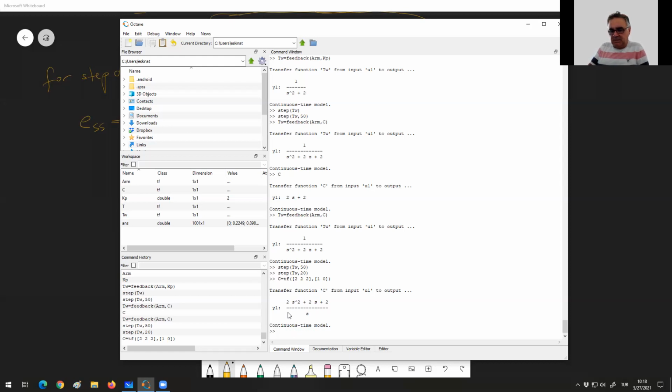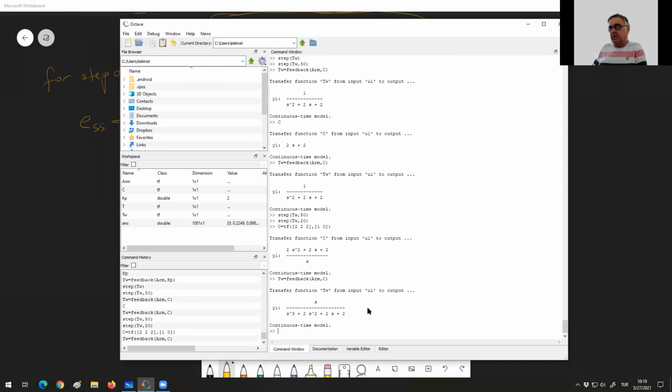So we will say that the TW, again, is the feedback connection of R, and A should be capital, and C. You see, now we have a third order system, and there is an S in the numerator.